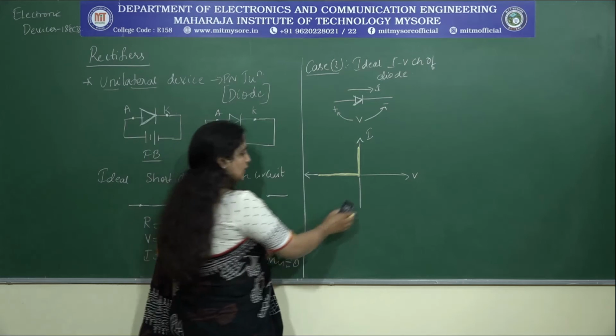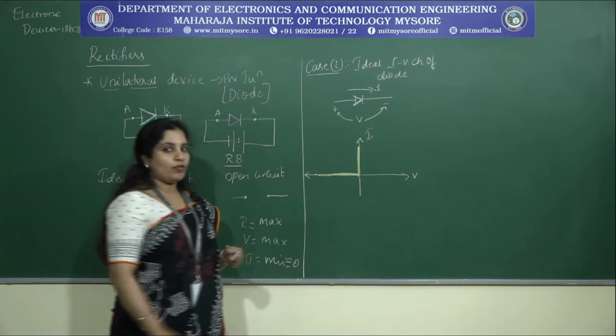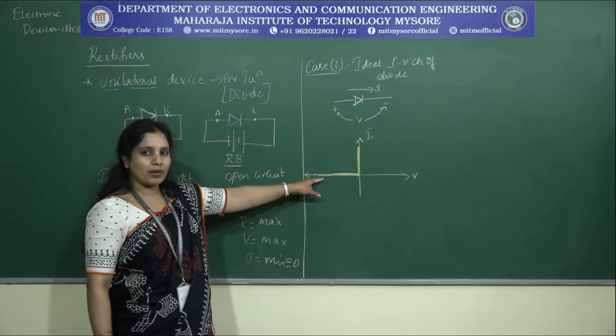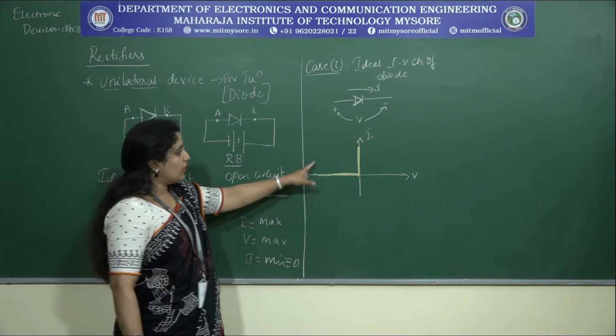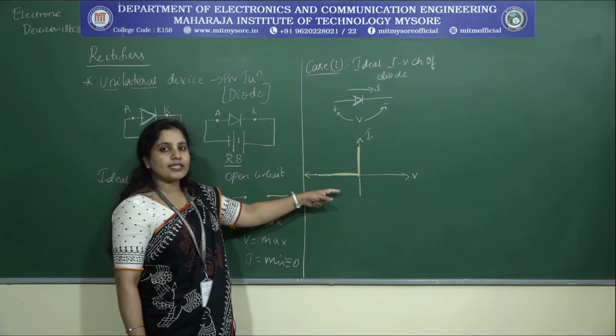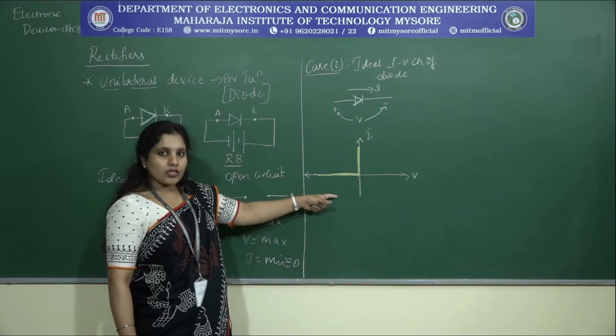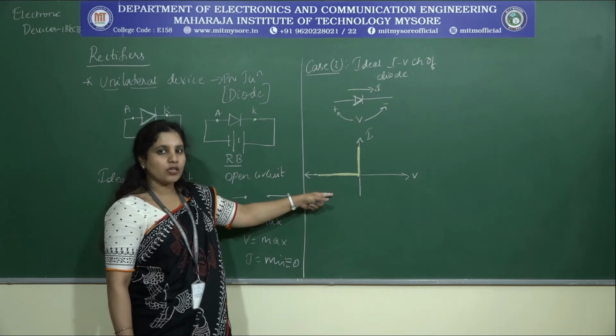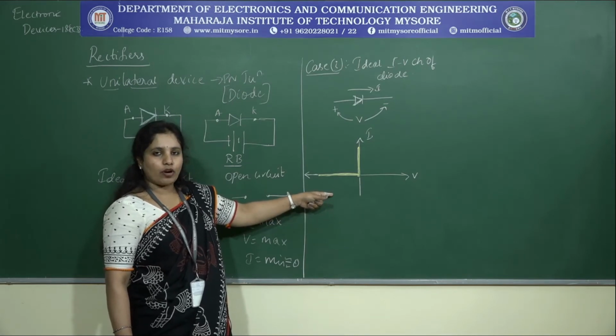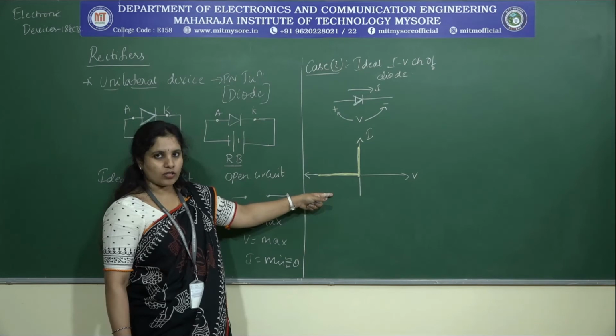Done? Now, tell me, is it really possible for us to achieve these characteristics practically? No, it is not possible. Therefore, we need to make some changes in this IV characteristics, and that can be represented by using 2 approximations, which we refer to as the second approximation and third approximation.